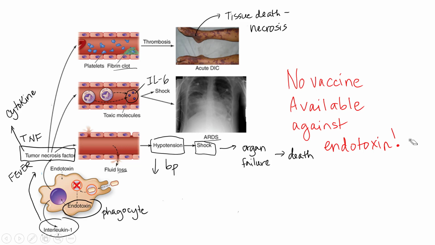And we never want to do a vaccine where we put something into healthy people and those healthy people develop disease symptoms that may be as severe as the actual disease. We don't want the cure to be as bad as the actual disease. And so there is no vaccine option for endotoxin. Okay, so that's it for our discussion on infectious disease for today.